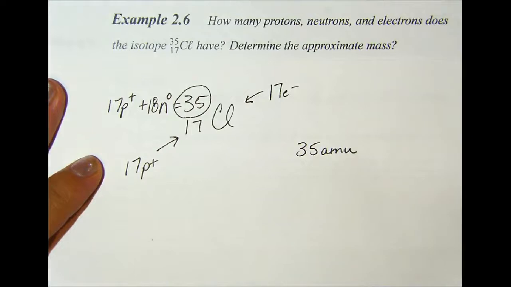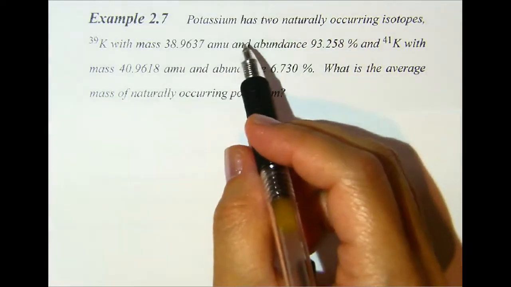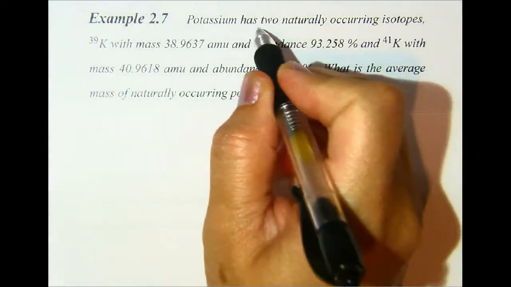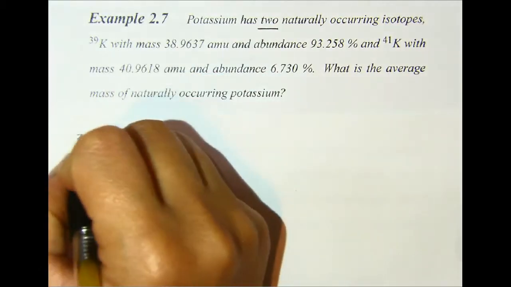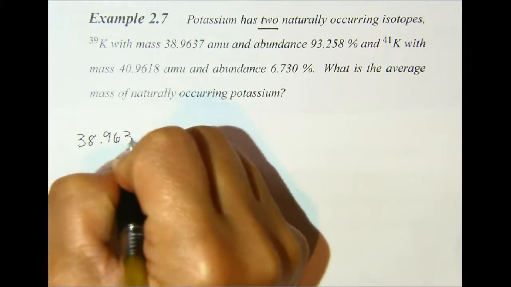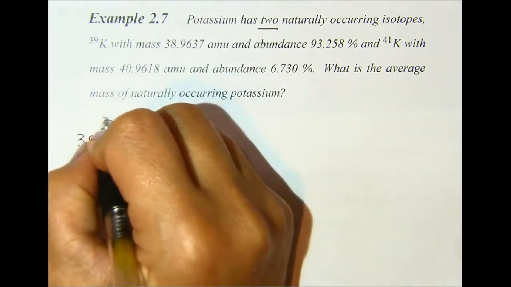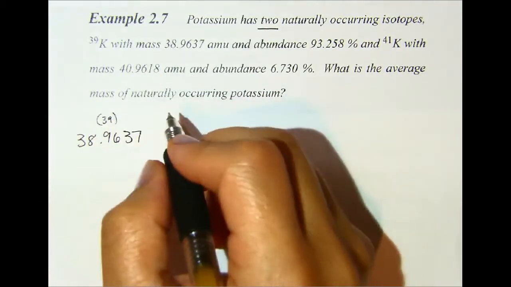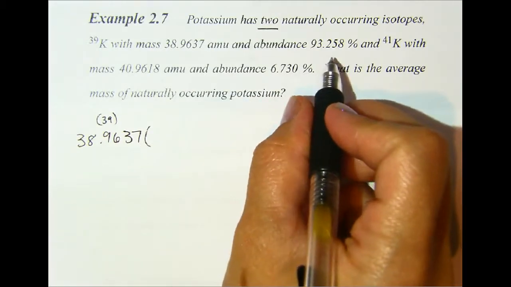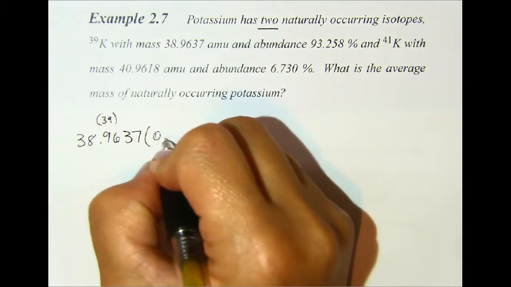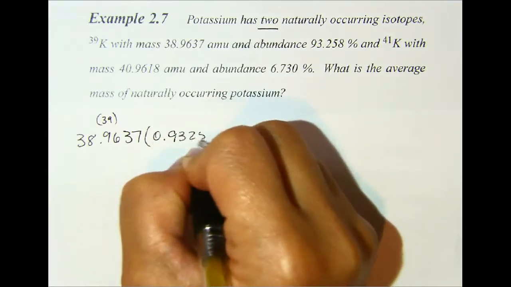And to determine the approximate mass, since the mass number is 35, it has an approximate mass of 35 atomic mass units. Example 2.7. Potassium has 2 naturally occurring isotopes, potassium-39, which has a mass of 38.9637 AMUs, and it has an abundance of 93.258%, which we'll change to a decimal, so 0.93258.